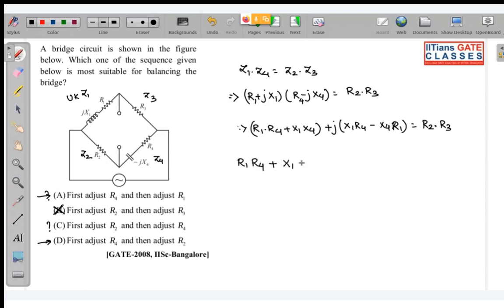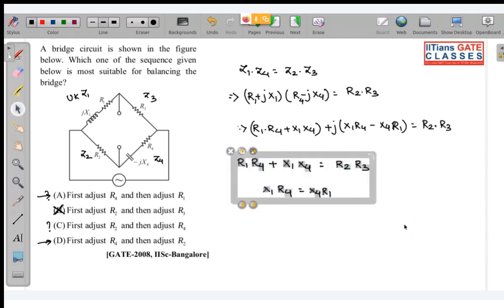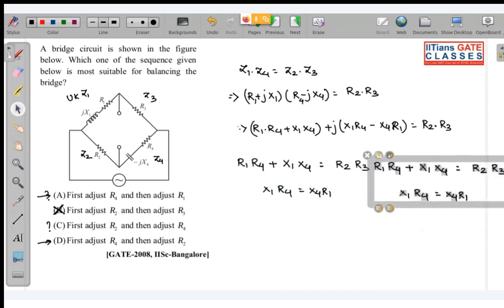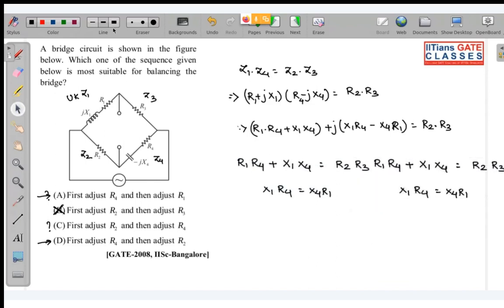Even if you don't understand, you can let me know. Sir, I haven't understood. And here it is X1, R4 is equal to X4, R1. See, now try to understand.